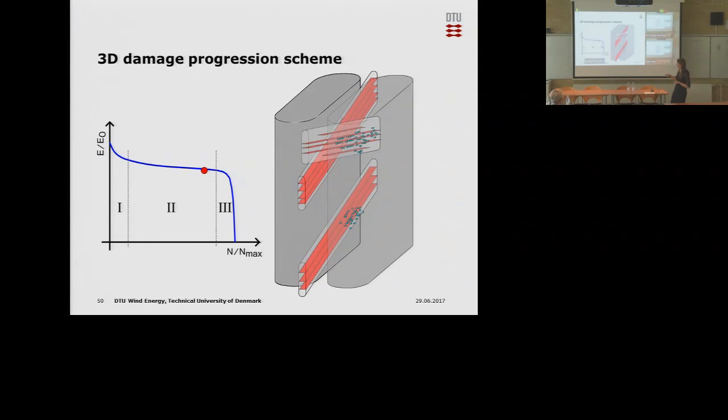With further cycling, getting closer to the end, the damage region has progressed quite far into the unidirectional bundle, and with further cycles it progresses even further and connects to the other damage regions, which leads to final failure. The final failure could be, for example, intralaminar splitting in the unidirectional bundle. This is what could be the case.